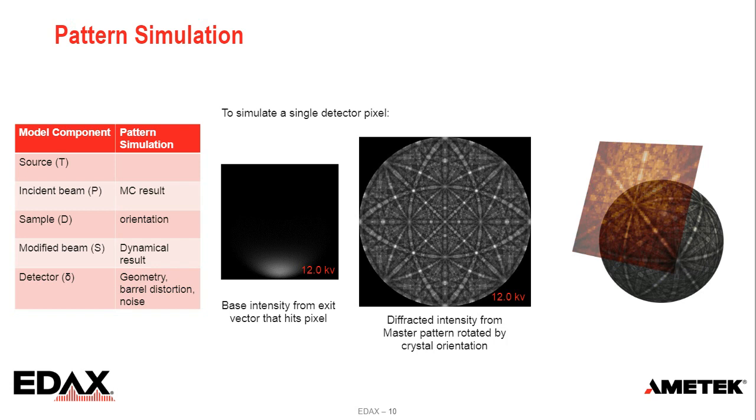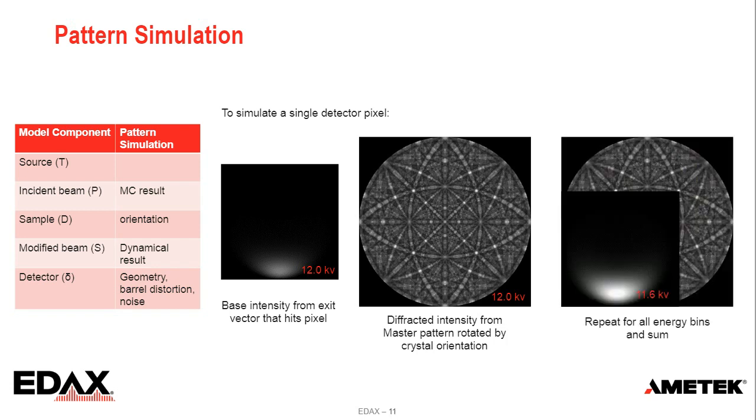And then you use, on the right, just the geometry of the detector to figure out where each of those directions projects onto your detector. And once you have that for one energy, you do it for every other energy and add them all up, and that final sum is your simulated pattern.